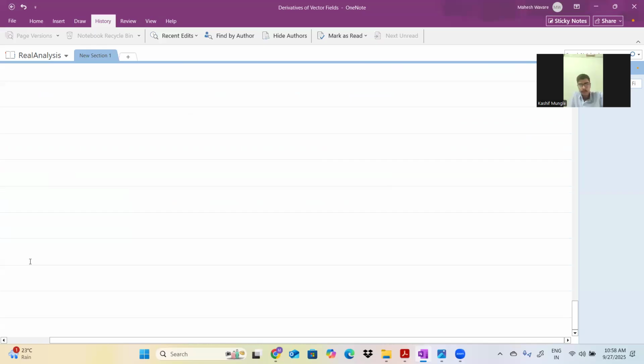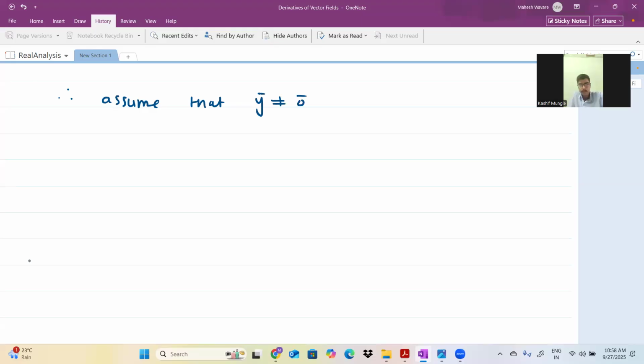Now let us assume that y is not equal to 0. Second case, this vector y is not a 0 vector. And we take a vector v bar as h y bar in Taylor's formula. Since F is differentiable, Taylor's formula holds.